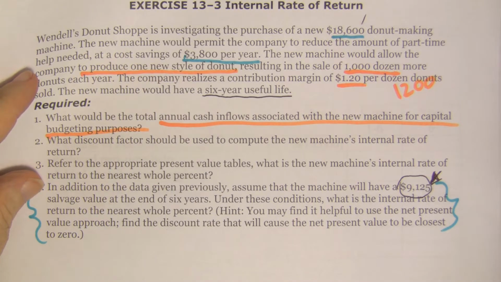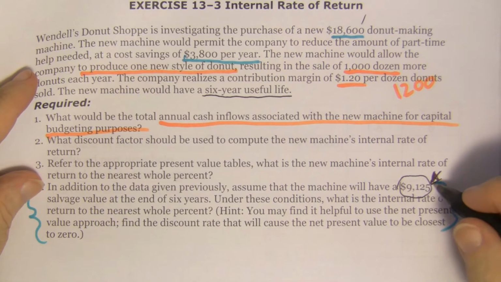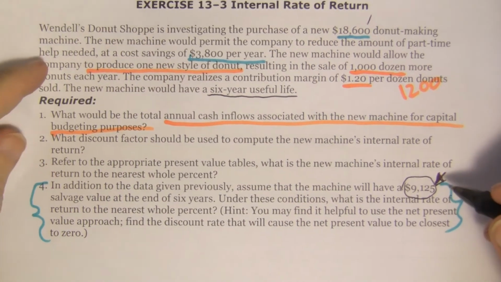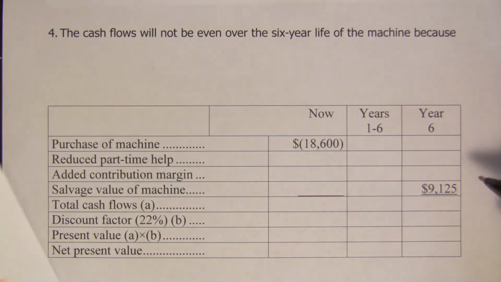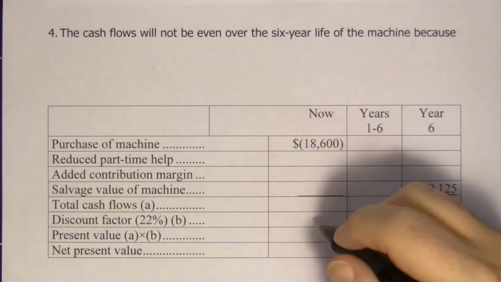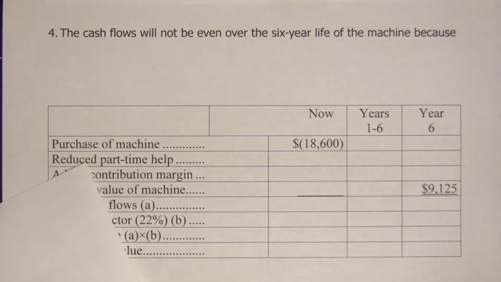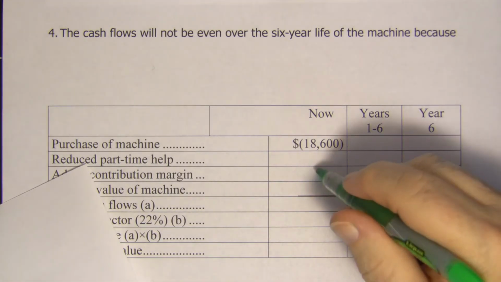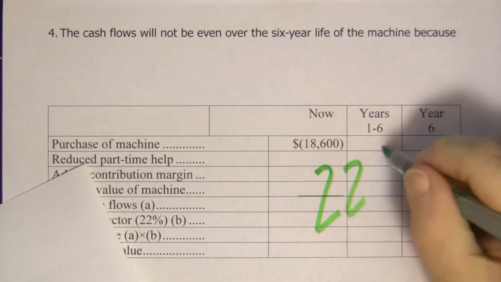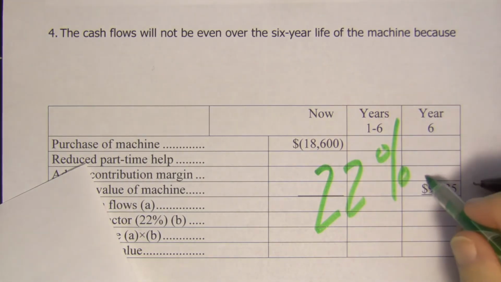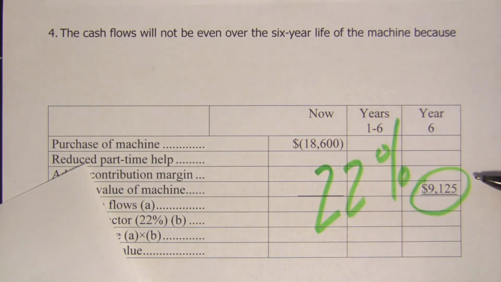I need you to know that, so when you do your homework and get to that piece, you're going to simply say that the answer is 22%. And you know it's going to be 22% because after all of those cash flows, you have a payback of $9,125 in salvage value.